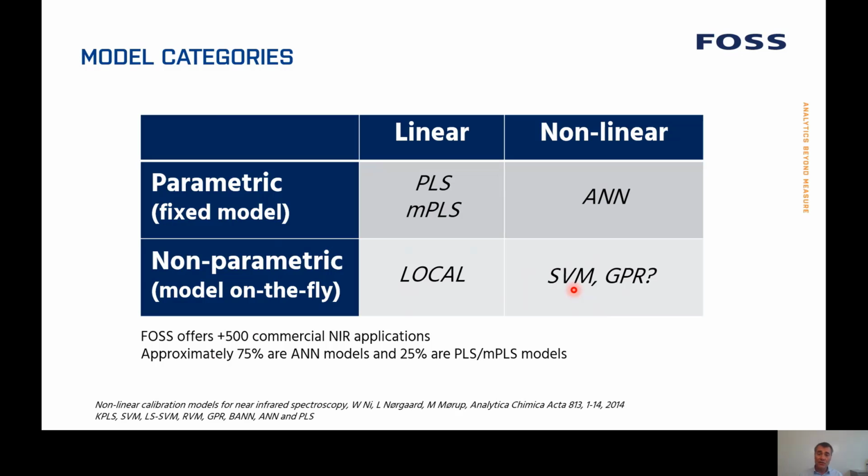So we would like, on average, a better job compared to what we already have. And this is also the background for FossCalibrator, where we have implemented PLS, MPLS, ANN, and local.